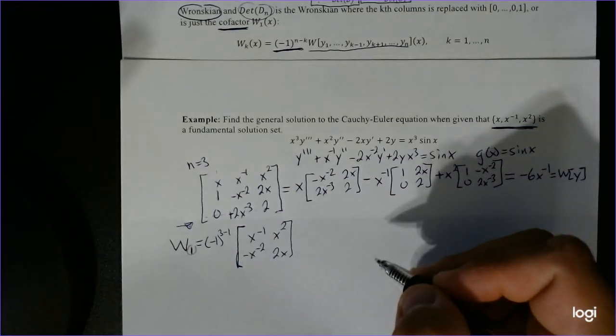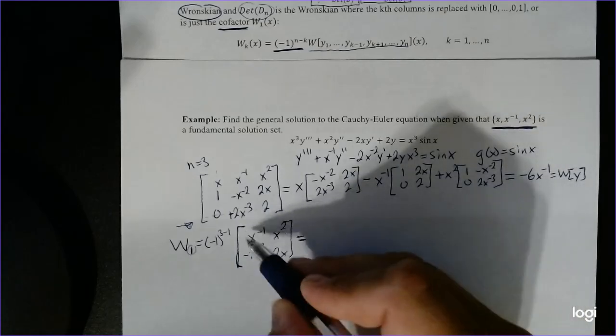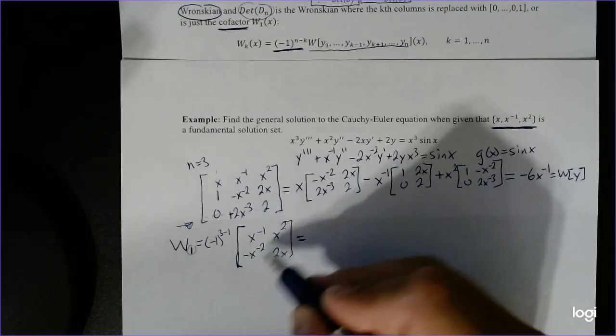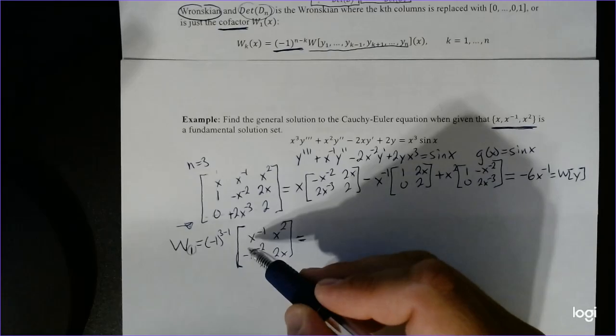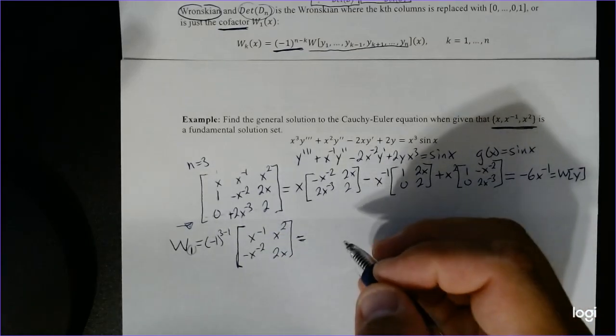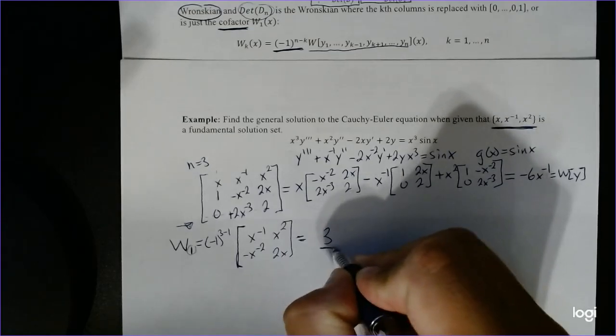Okay. And then from here, we just find the determinant. So multiply each other minus these portions, and then we multiply by 1 squared, which is just going to be positive 1. So this ends up giving us just 3.